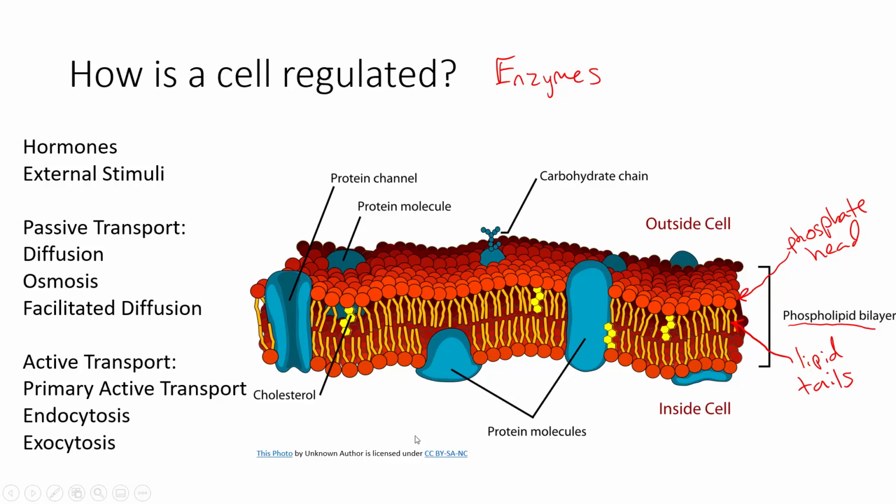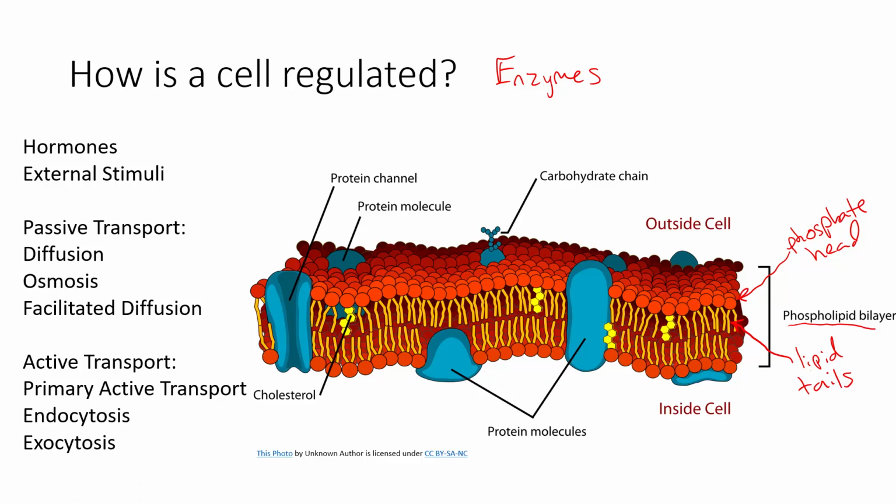So we're going to talk a little bit more about how stuff gets from the outside to the inside now that you have that foundational knowledge that stuff can't just readily go through. This is a wall. You can't just walk through a wall as a person. You'd have to go through a doorway. Most of our substances have to go through doorways in order to get from one side of the cell to the next. So we're going to start with diffusion.